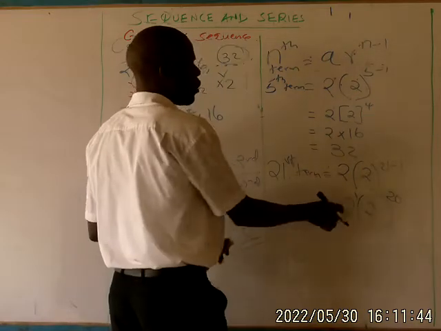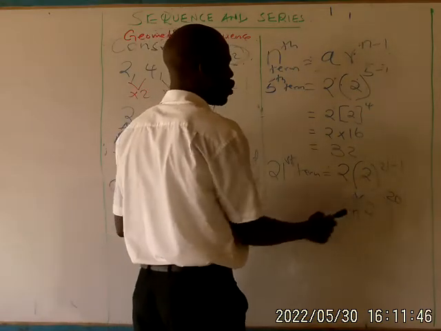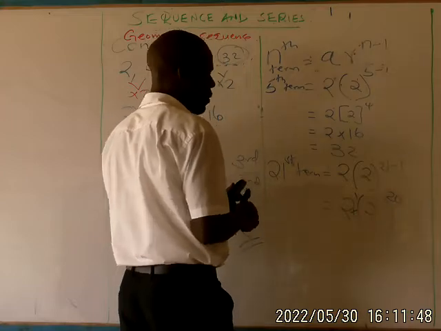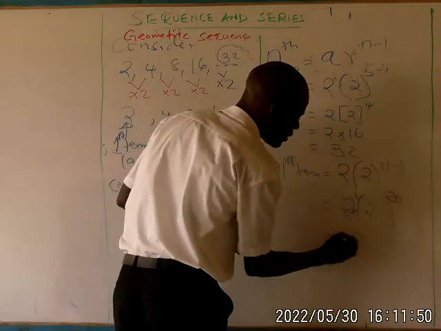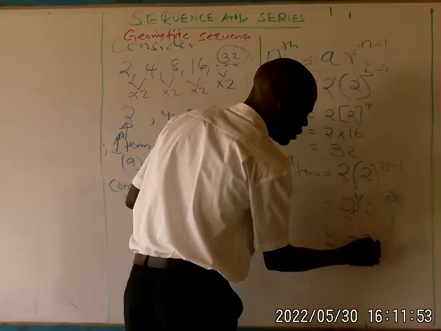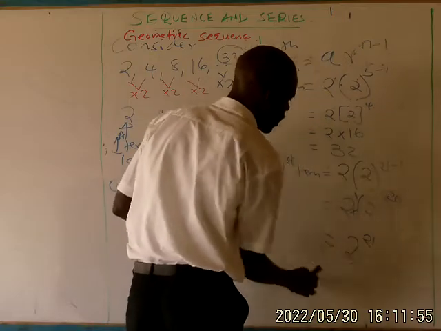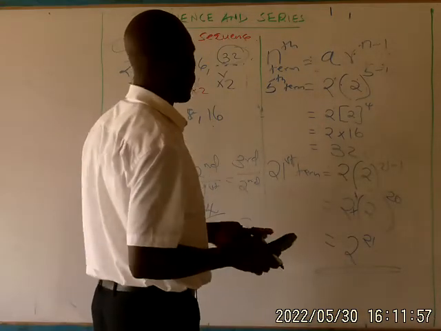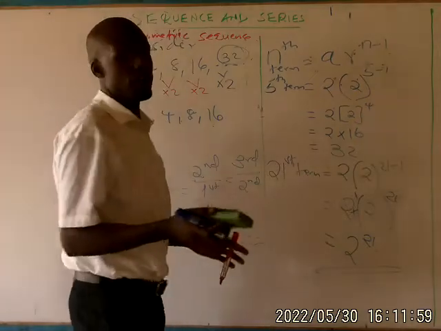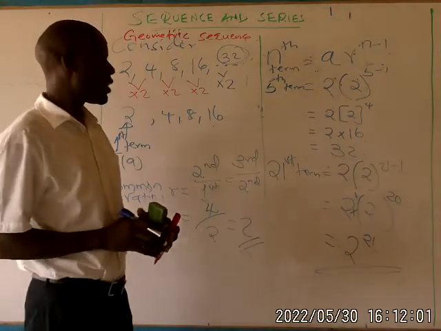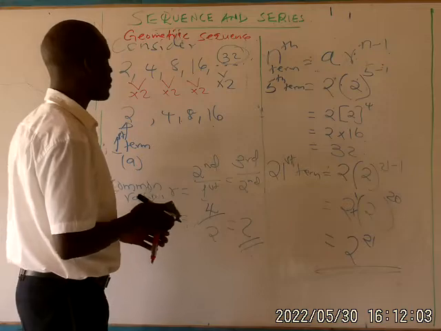And you know, when the bases are the same in multiplication, you can add the powers. So therefore, the bases are the same, 1 plus 20 is 21. So the answer, you can write in power form as 2 to the power 21. So that is how you can easily find it.